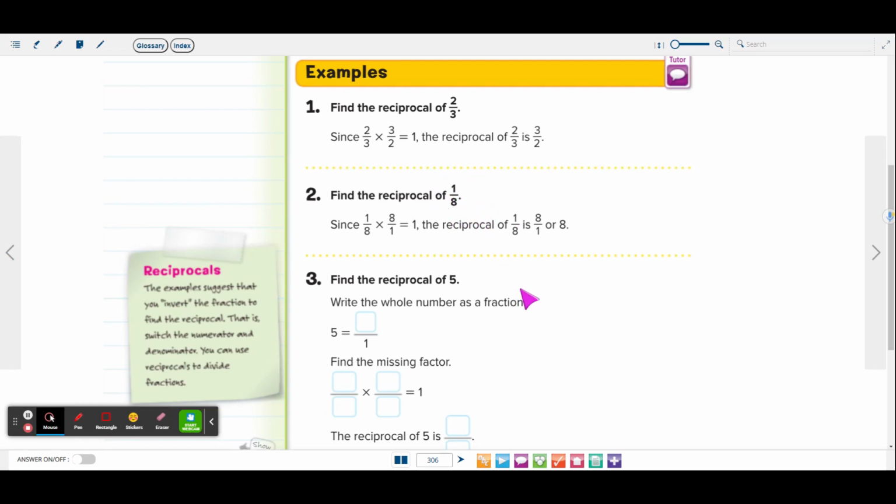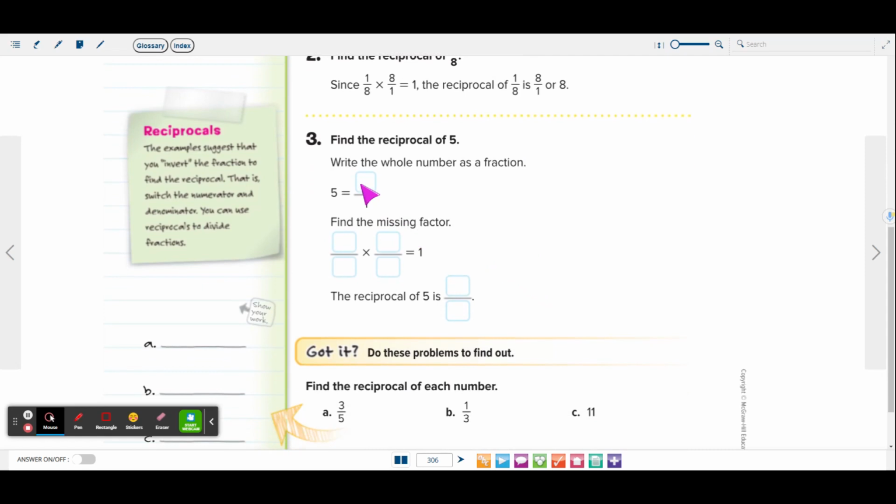You just flip it, okay? So the reciprocal of 5, first, before you can do that, you have to put 5/1, make it into a fraction, okay? Once you've done that, to find the inverse or the reciprocal, you just flip it, and it would be 1/5, okay? So the reciprocal of 5 is 1/5. See how easy that is?